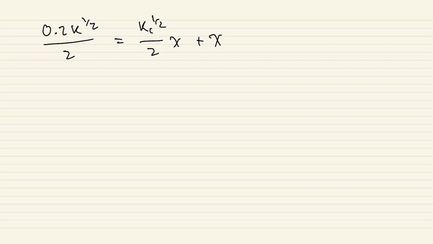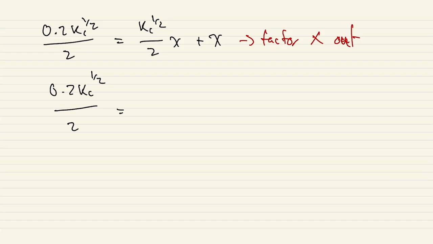So we have 0.2 Kc to the 1/2 over 2 is equal to Kc to the 1/2 over 2 x plus x. We can factor x out. So we get 0.2 Kc to the 1/2 over 2 equals Kc to the 1/2 over 2 plus 1 times x.